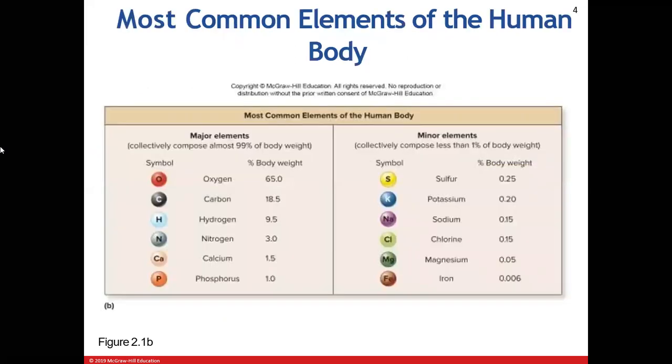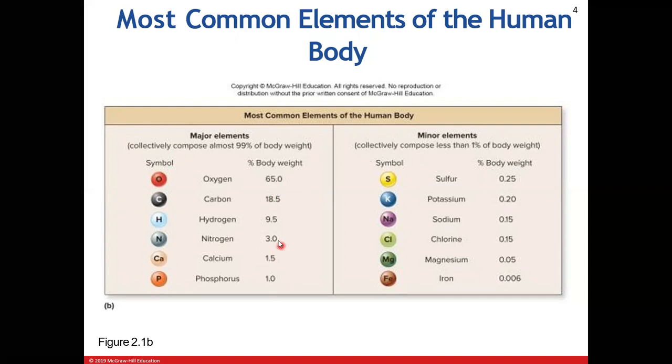The most common elements of the human body are these ones here on the left: oxygen, carbon, hydrogen, nitrogen. Those four make up the biggest amount of the human body. When you add calcium and phosphorus, about 99% of body weight is made up by these six.